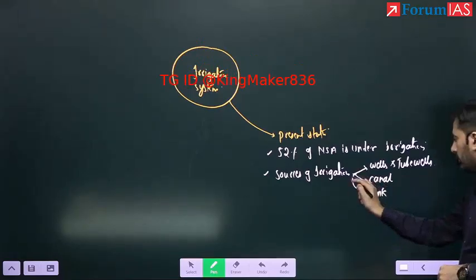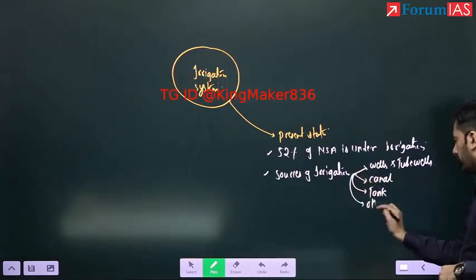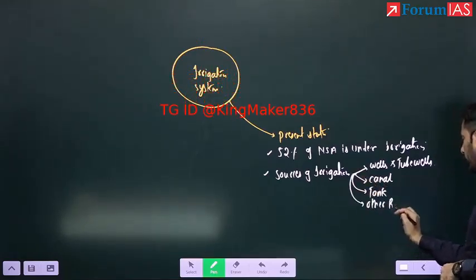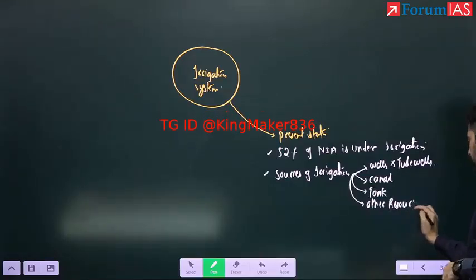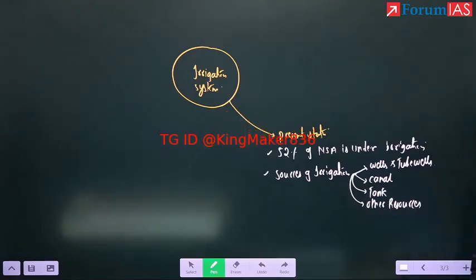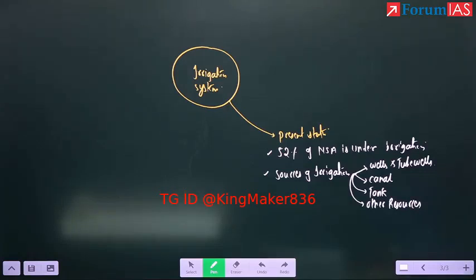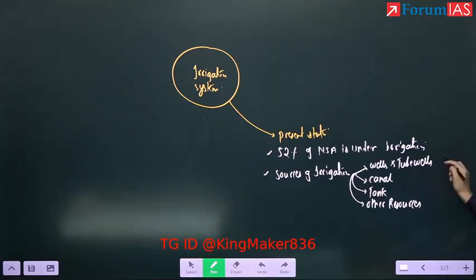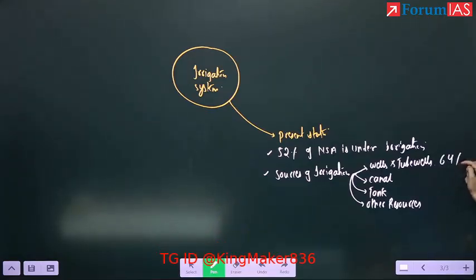Apart from that, you have other sources of irrigation, which is basically more of rainwater harvesting. Out of these four, whose share do you think is highest? Yes, wells and tube wells right now account for 64%.